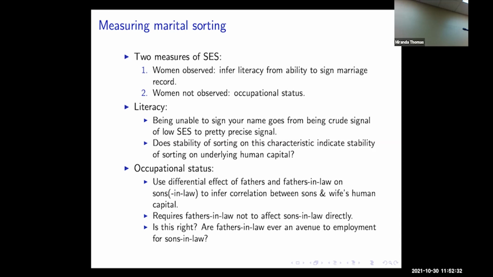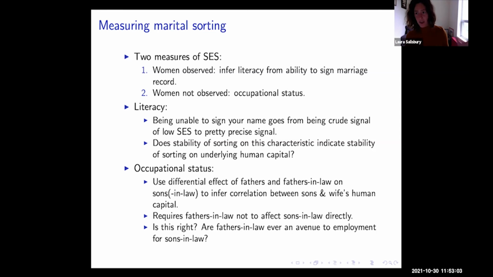With respect to occupational status, this is the same thing that Greg and Neil did in their paper. He infers a correlation between sons' and wives' human capital through the difference between the correlation between fathers and sons and fathers-in-law and sons-in-law. And I think this rests on fathers-in-law not having a direct impact on their sons-in-law's occupations.